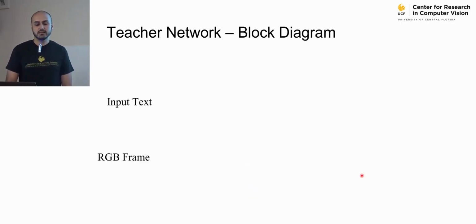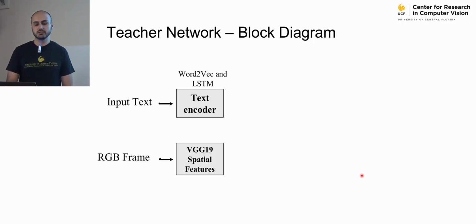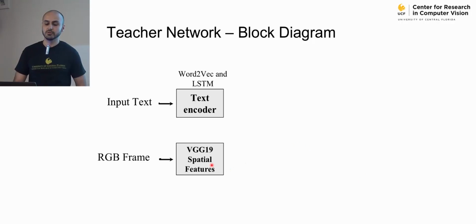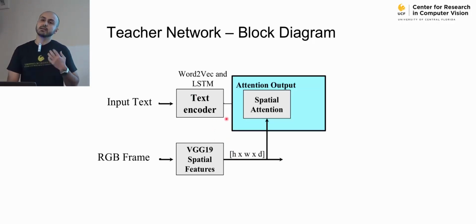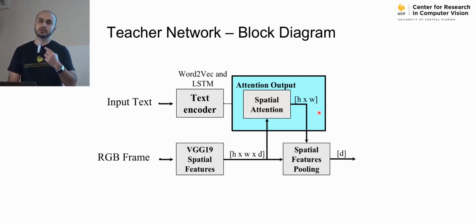So input text and RGB frame are the input to the teacher network. We use a VGG19 pre-trained network to encode the RGB frame, and also we use word2vec and an LSTM to encode the text. Then we combine the encoded text with all the H by W regions of the frame, and we assign one score to each of these regions.